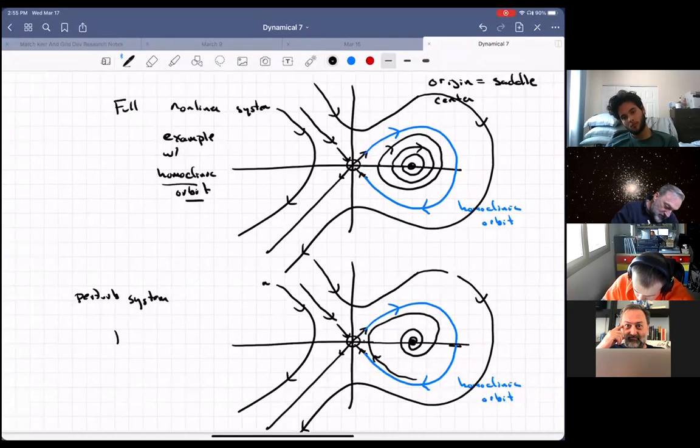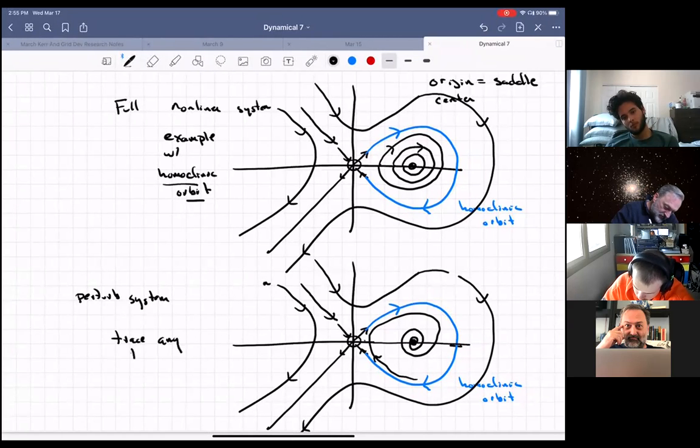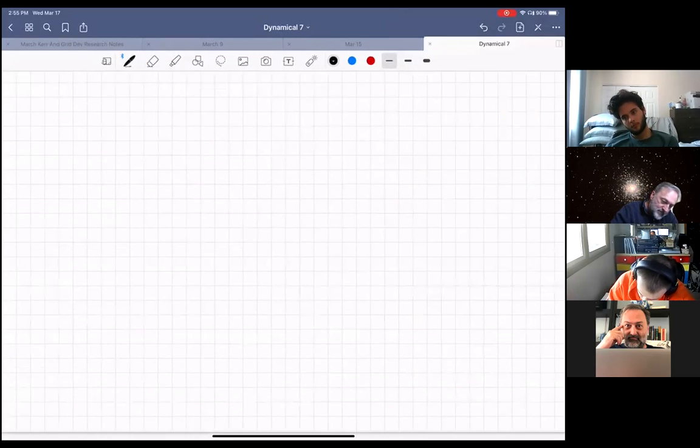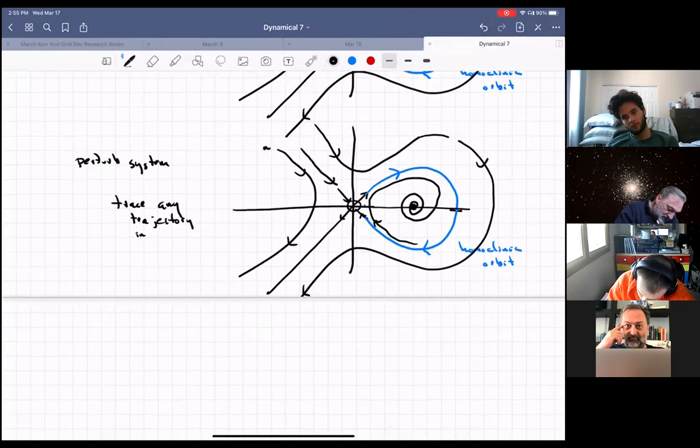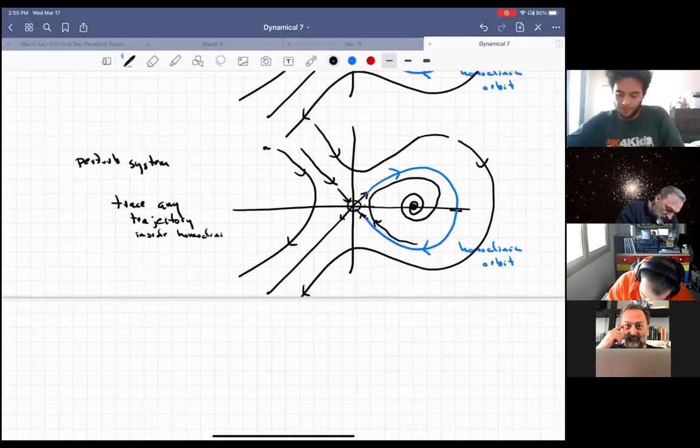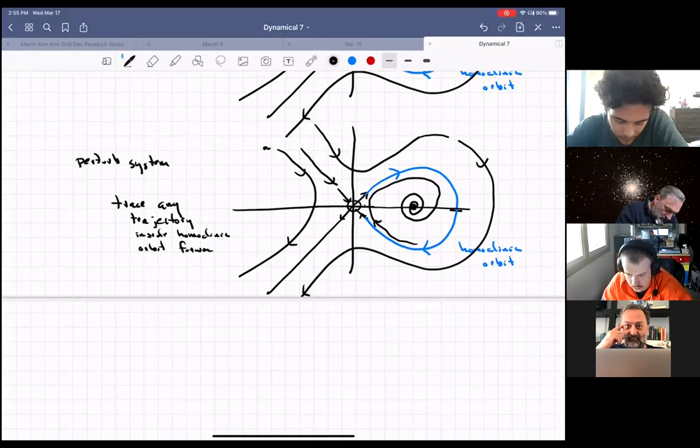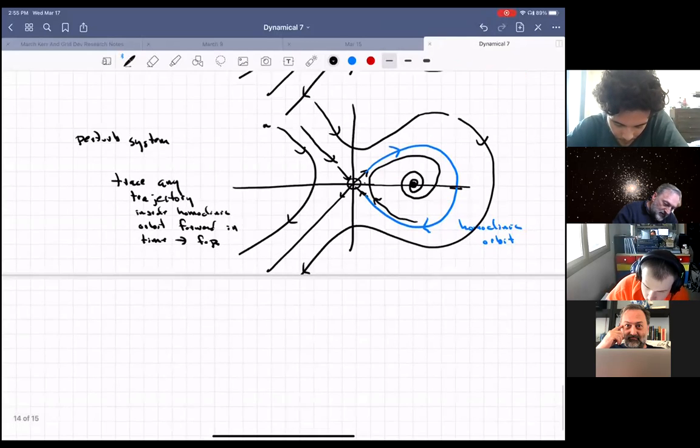Trace any trajectory inside that goes to the fixed point.